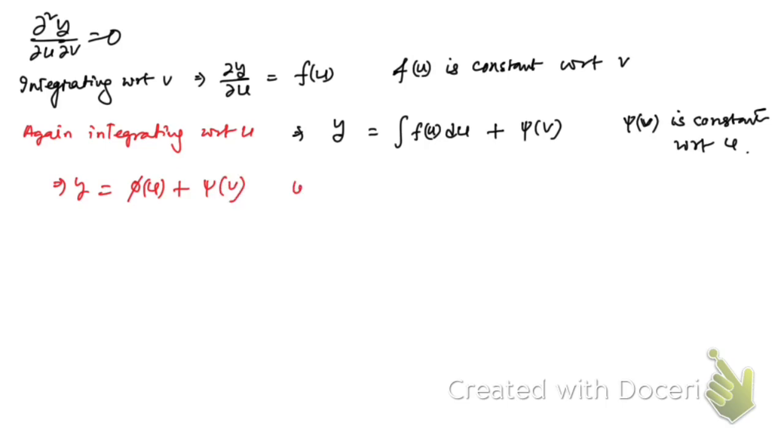Okay, let's say phi of u is nothing but integration of f of u du, right? Integration of f of u du. Okay, so I have considered that way. So now you see u is nothing but x plus ct and v is nothing but x minus ct, as we have considered earlier, right?